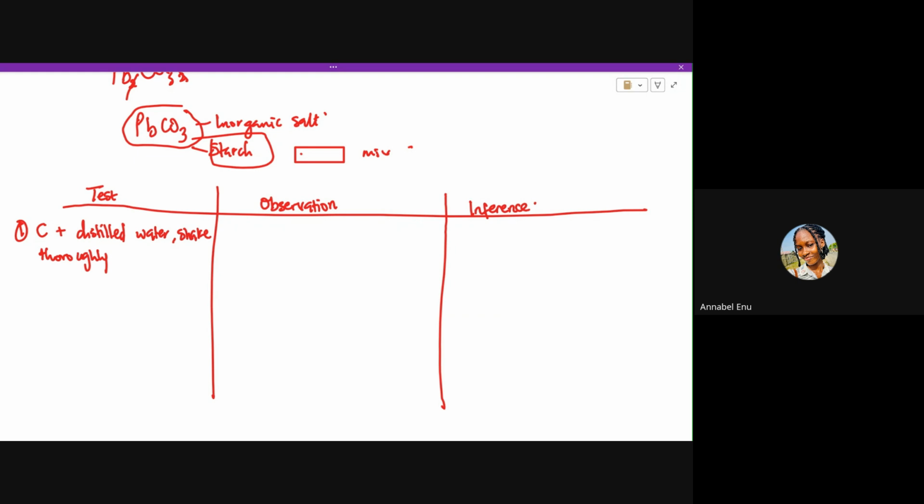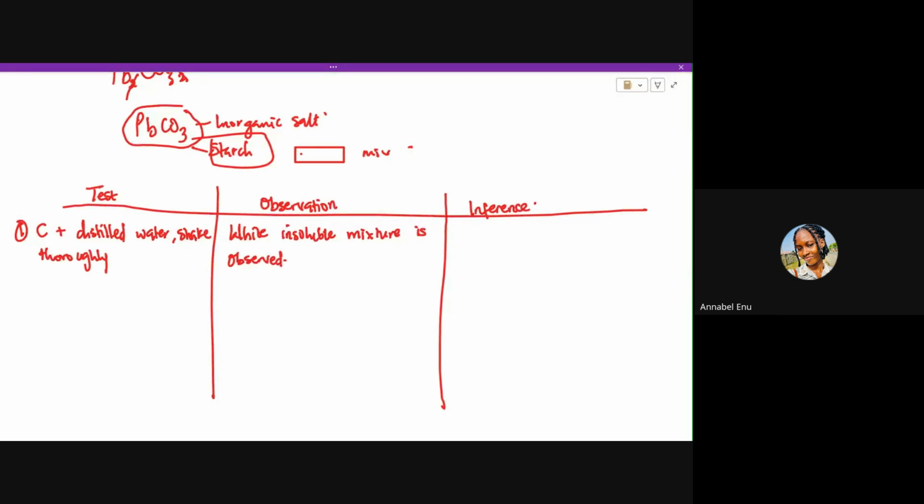What we would observe is a white insoluble mixture. So we can say a white insoluble mixture is observed.